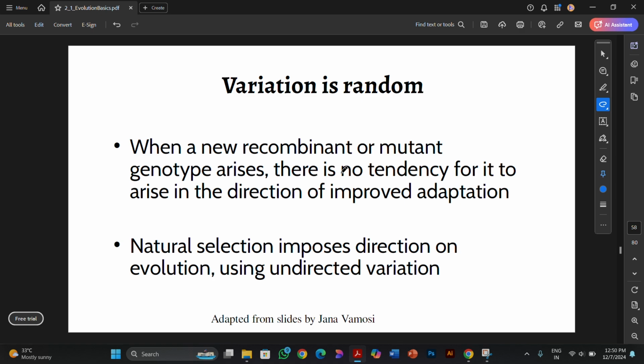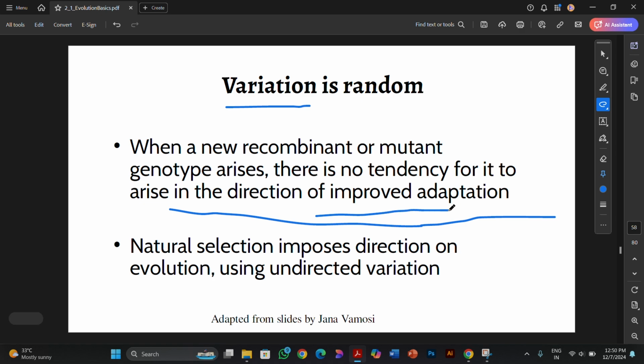Variation knows nothing, it has no intelligence. Variation just happens randomly. Individuals who have a positive variation that helps them survive reproduce and increase it in the population. Those that are not fit could not reproduce and decrease in the population. Natural selection just imposes direction on evolution.